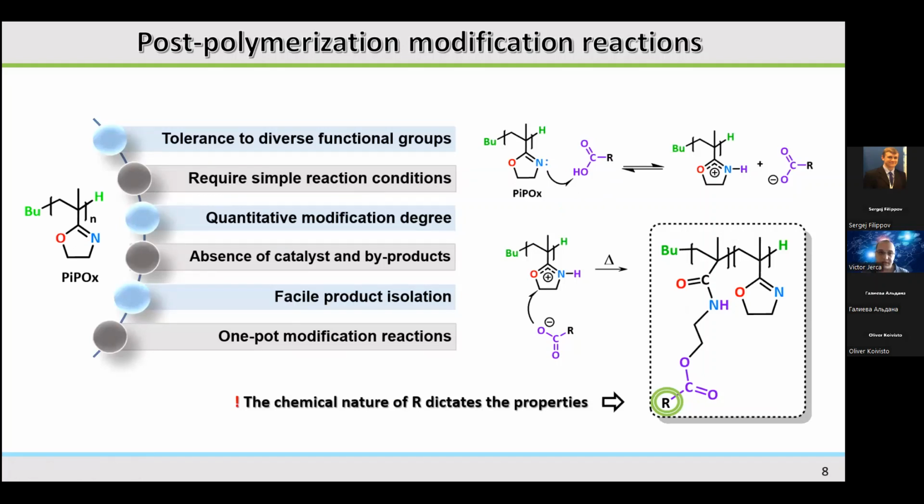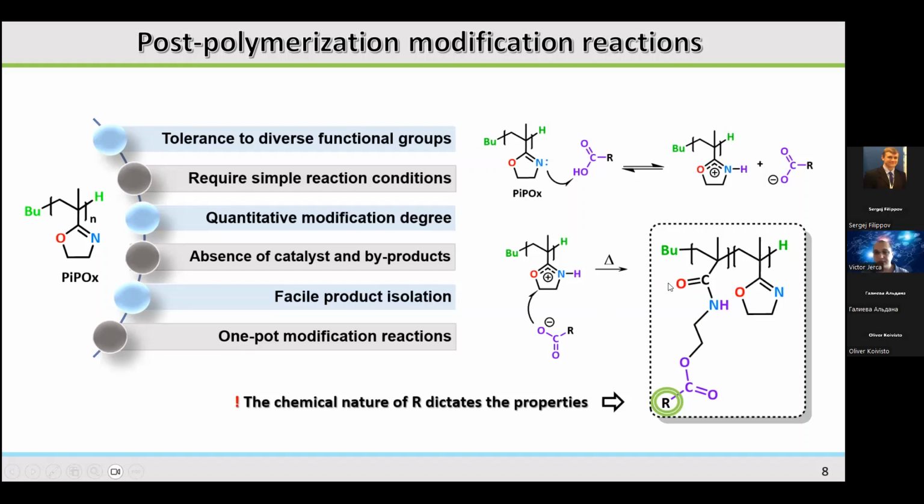You have a quantitative modification degree under suitable conditions. The reaction doesn't require any catalyst and no byproducts are formed. You can easily isolate your product by precipitation or by freeze drying. And what is very important, you can perform one-pot modification reactions using multiple carboxylic acids.